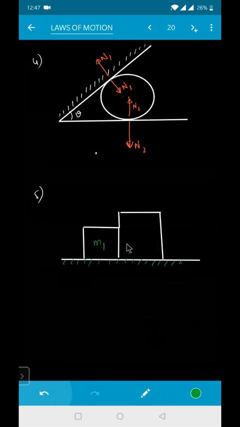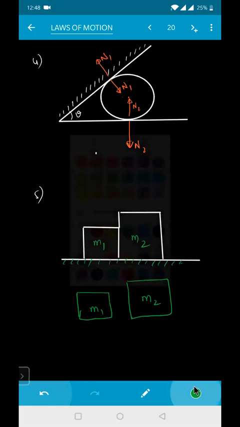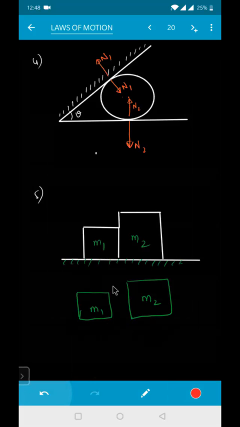This is a block of mass M. This is a block of mass M. Now tell me, what are the normal forces acting on this body? See, if I take the M1 into consideration right now, this is your M1 and this is your M2. I'm drawing it individually so we'll get clarity. Now tell me, what are the positions where they are in contact? They are in contact here, they are in contact with the ground.